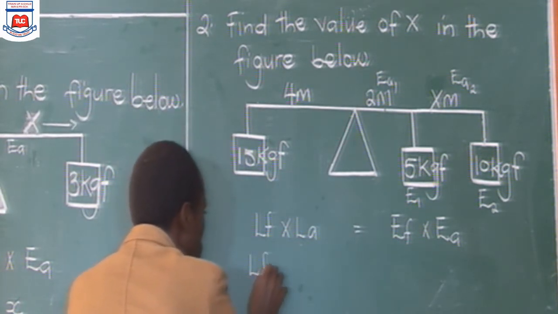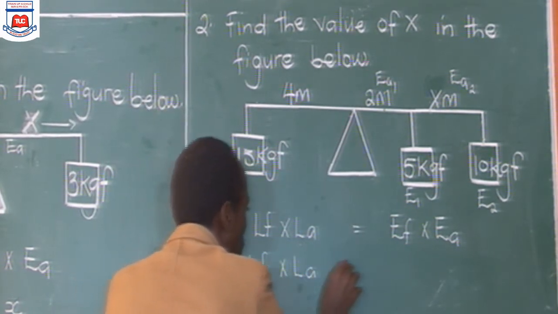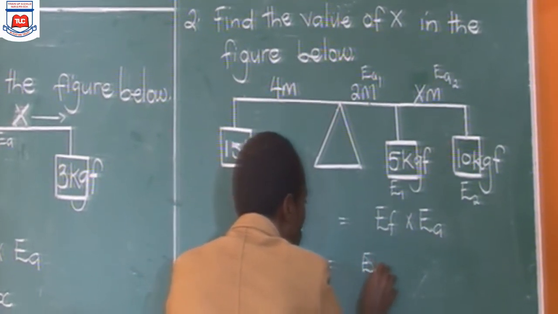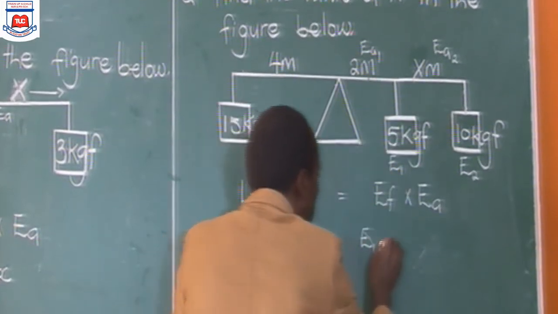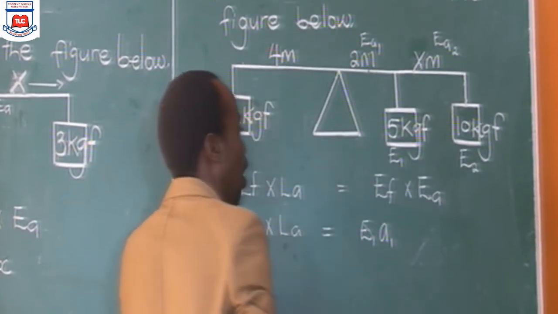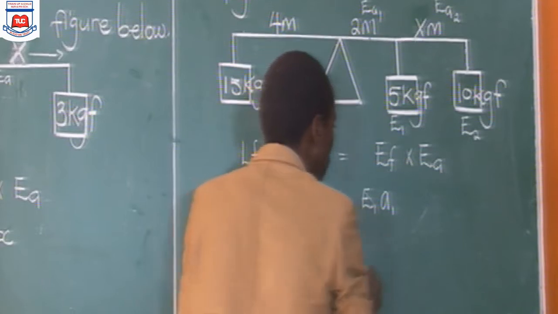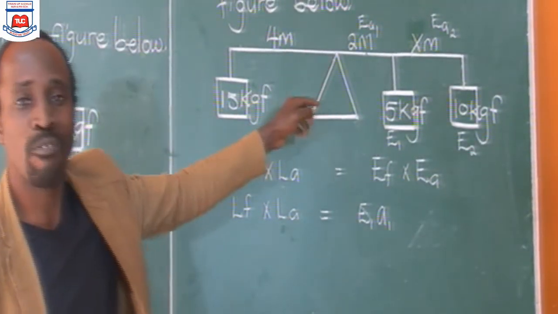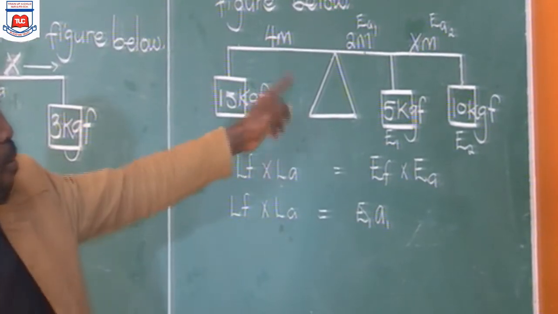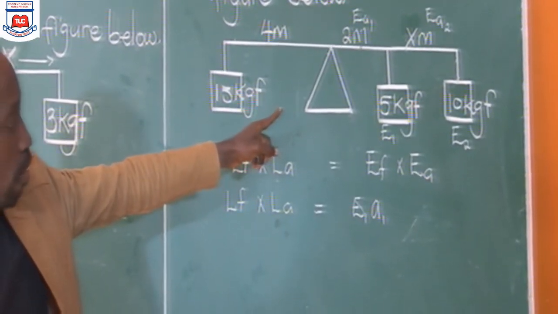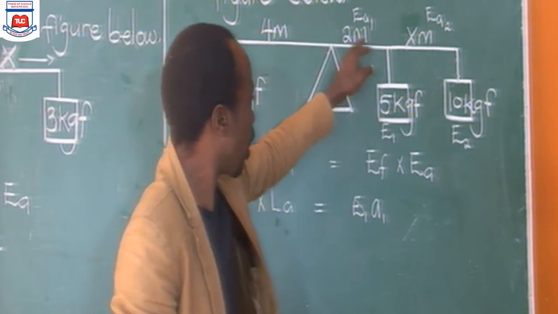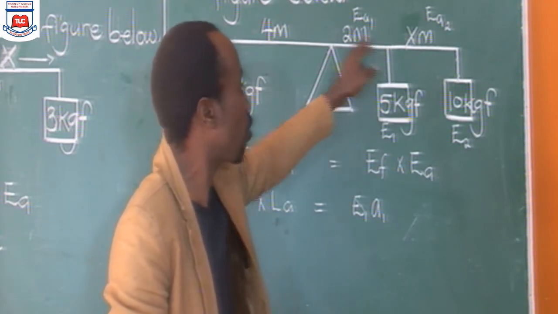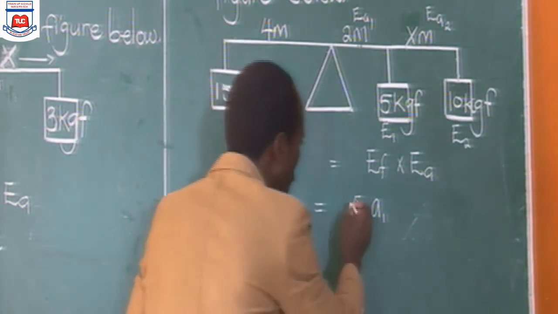We shall have load force times load arm equivalent to the effort 1 times its distance from the pivot, effort 1. In this case, we shall be adding these 2, because we have 2 weights from the other side. We shall multiply this times its distance from the pivot. You can call it force 1.